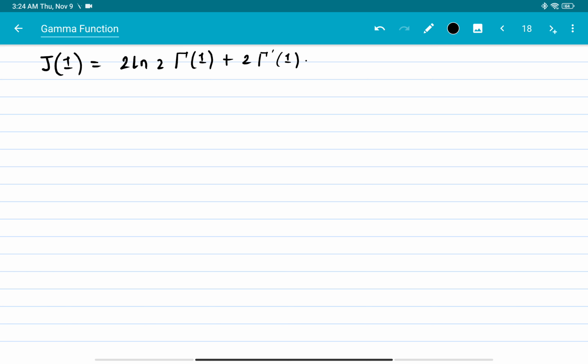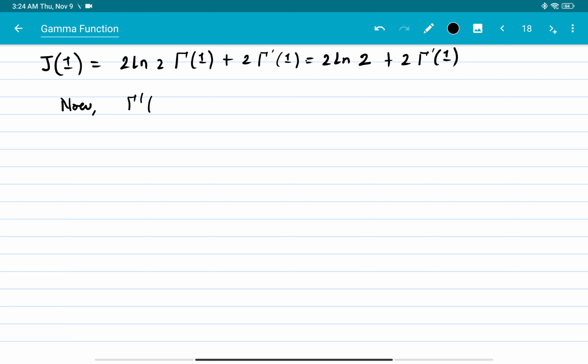So 2 natural log of 2, and 2 gamma dash 1. As you know, gamma of 1 is 1.